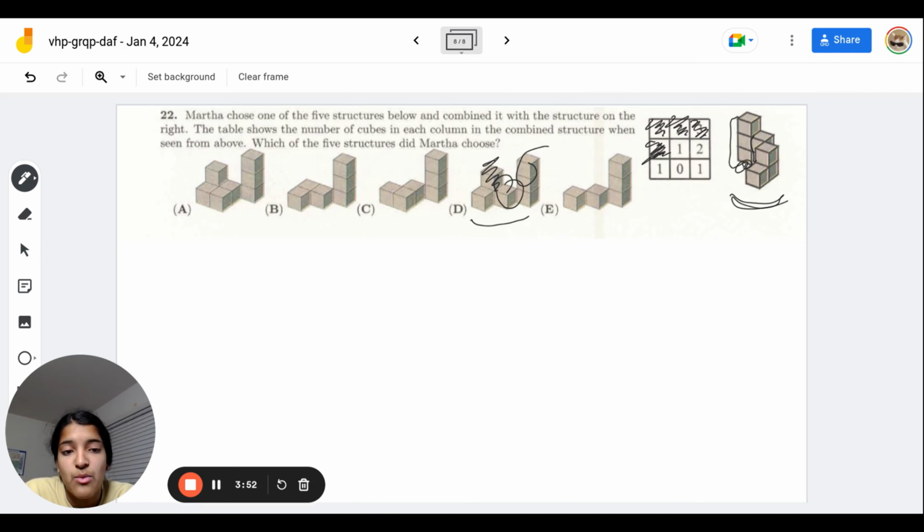So this gives that 1, which is covered. And then we need 2, which is right over here on the picture on the right, which is covered. And then we have 1 over here that's covered. There's nothing that we need in the bottom. And then we have 1 over here that's covered. So D is the correct answer.